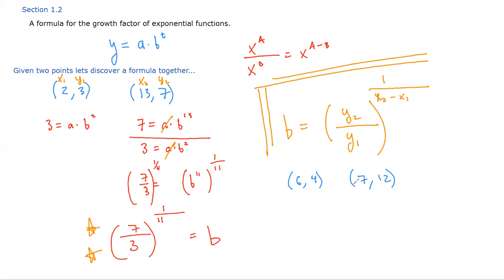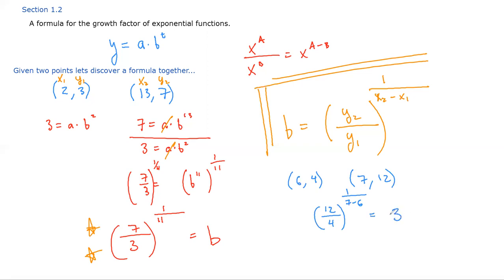If I wanted to know the exponential function between these two, I could do 12 over 4. That's y2 over y1, and that will be raised to the 1 over 7 minus 6. And it turns out my growth factor is 3.